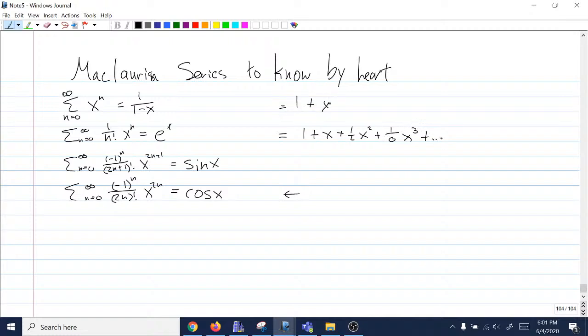This one is 1 plus x plus x squared plus x cubed plus and so on. This one starts with x, minus x cubed over 6 plus x to the 5 over 5 factorial minus x to the 7 over 7 factorial plus and so on. This is the one that uses only evens: 1 minus x squared over 2 factorial plus x to the 4 over 4 factorial minus x to the 6 over 6 factorial plus and so on.